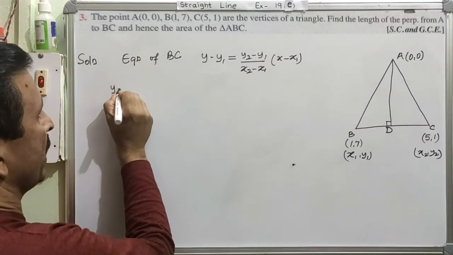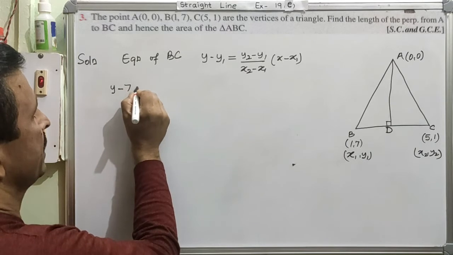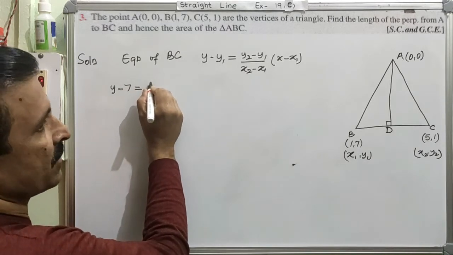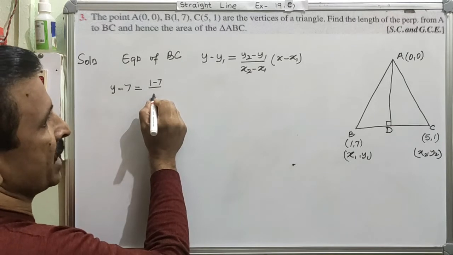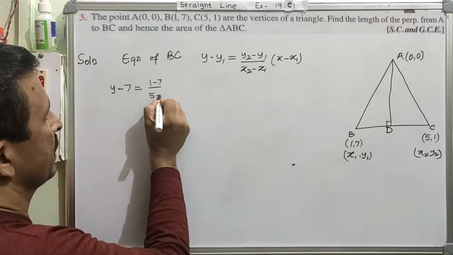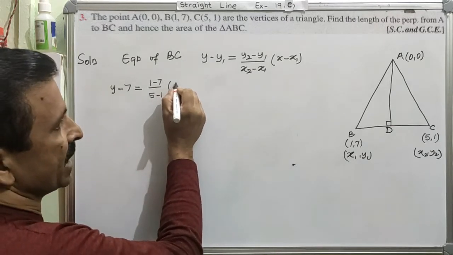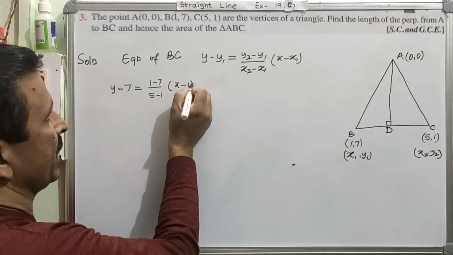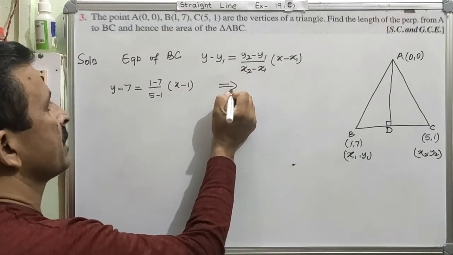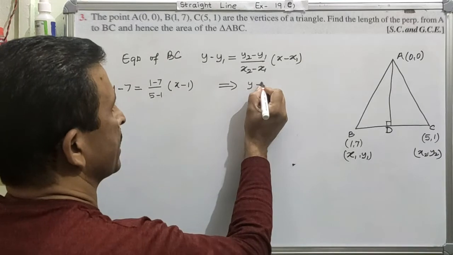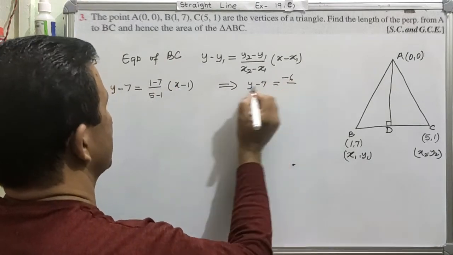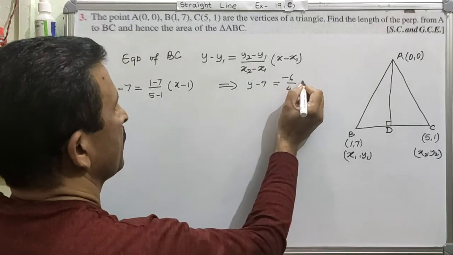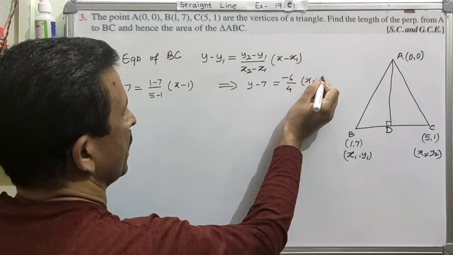So y minus y1, that is y minus 7, is equal to (y2 minus y1), that is 1 minus 7, divided by (x2 minus x1), so 5 minus 1, into (x minus x1), that is x minus 1. Now simplify: y minus 7 is equal to 1 minus 7 is minus 6, and 5 minus 1 is 4, and then x minus 1.